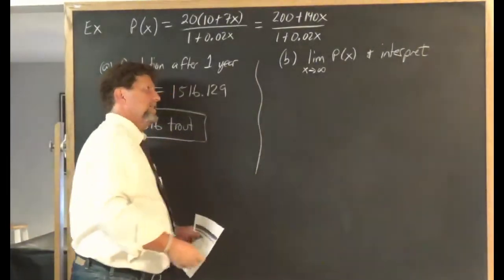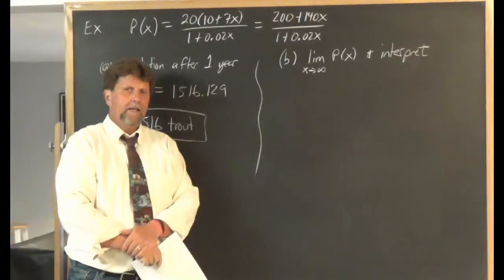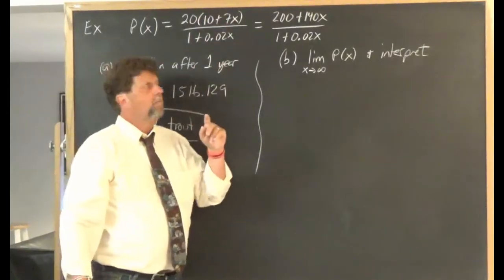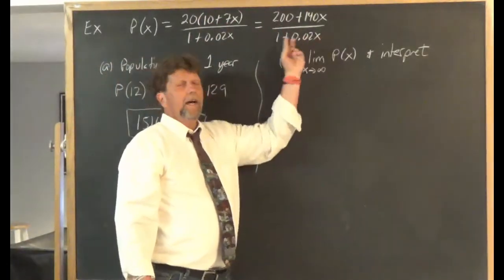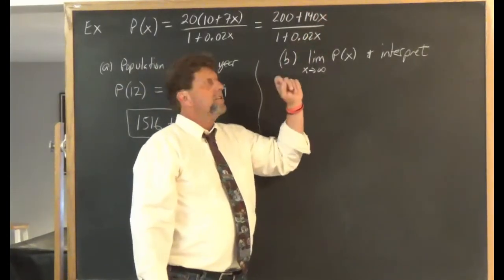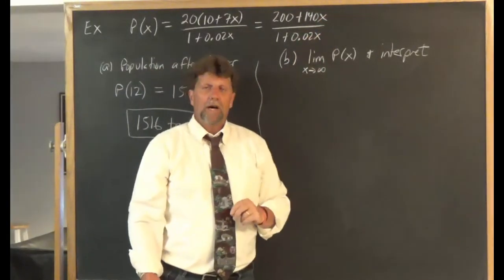Okay, part B. Determine the limit as x goes to infinity of P of x, and interpret. Well, this is where it was helpful for me to distribute the 20. Because when I look at the function now, I see the degree of the numerator is 1. The degree of the denominator is 1.